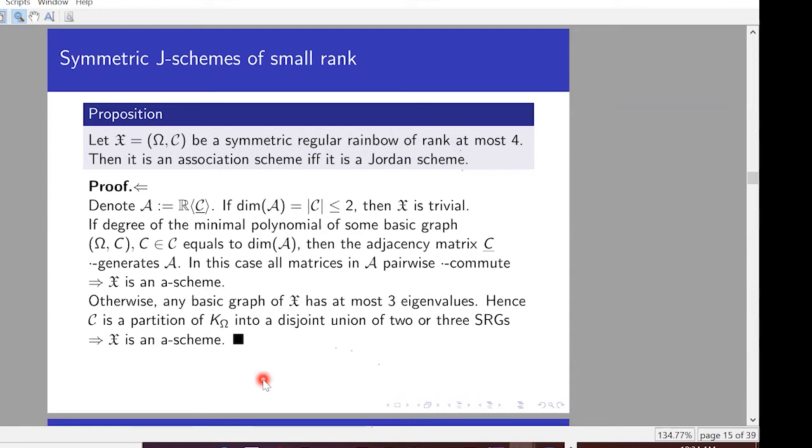So we know that any association scheme is a Jordan scheme, but in this case, we have the opposite implication.